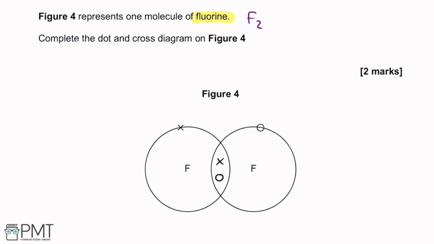So now we need to make it that on this circle there is 8 electrons, and on this circle there is 8 electrons. Okay, so currently on this fluorine circle we've got 1, 2, 3. Okay, so we need to add in 5 more crosses, and on this fluorine's shell again we have 3, so we need to add in 5 more dots to give us the full outer shell.